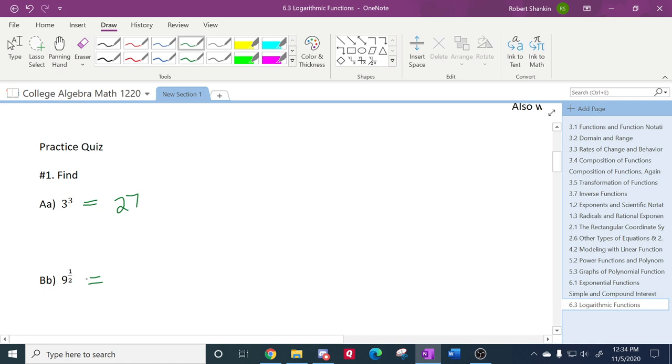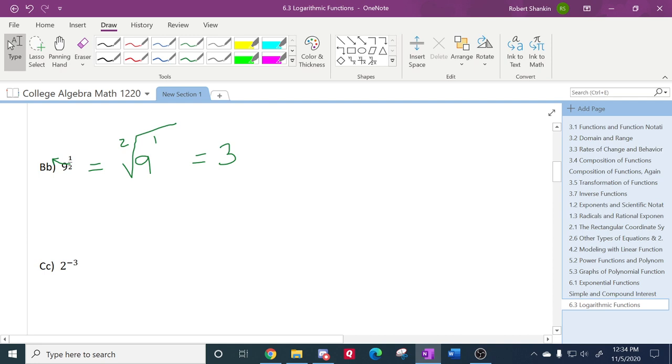These two things are warring with each other. The 1 is the exponent trying to make the 9 grow. The 2 is working in the opposite direction, trying to make it shrink. So the bottom number comes out as the root. It's the square root of 9, which is 3.